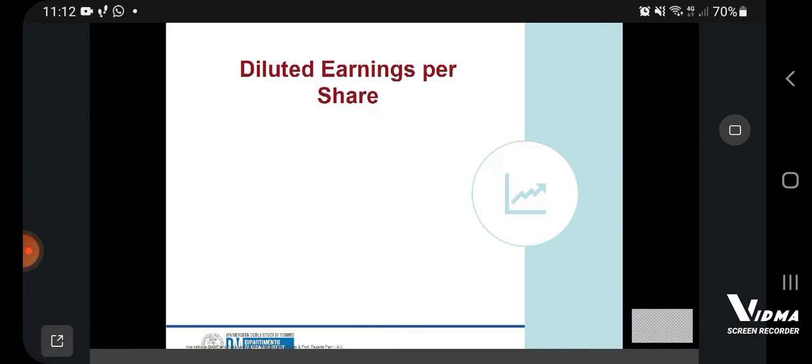In both cases, we need to weight the number of shares not only with the period when they are outstanding, but also with what is known as a factor or a fraction. In case of bonuses, that is the bonus fraction, simply the ratio between the number of shares before and after issuing the bonus. Whereas in case of rights issue, things are a little bit more complicated.